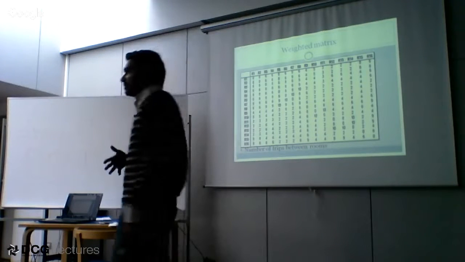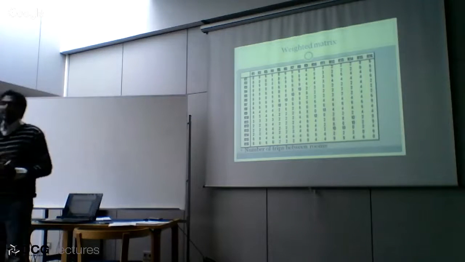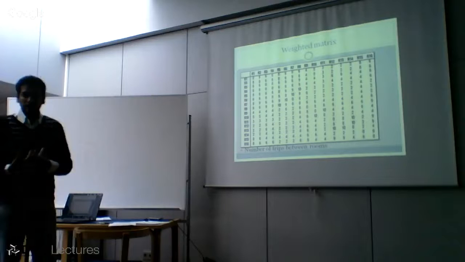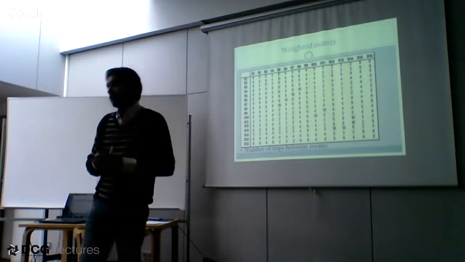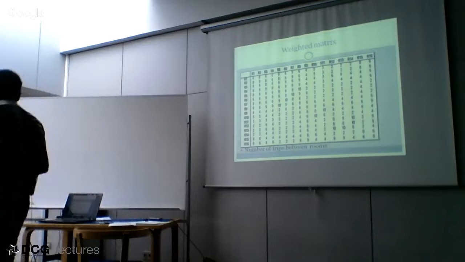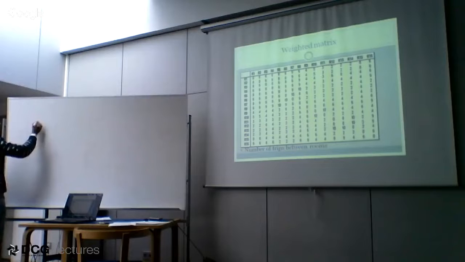So what he said is that you take an existing model like a hospital and then you compare the number of trips between the different rooms. Like you have the room of the nurse, then you have the room of the patient and you have the room of the doctor.